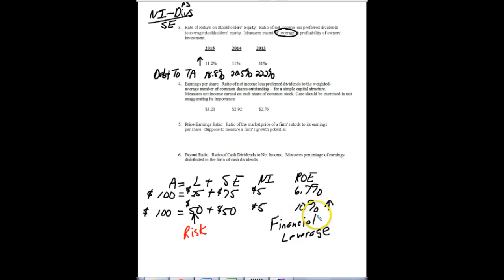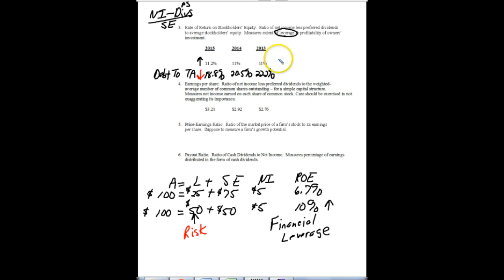So that's what I would expect: if this went up, that went up. This is odd because that actually went down. So clearly this company is not using financial leverage to cause this increase, and again, it's a slight increase.